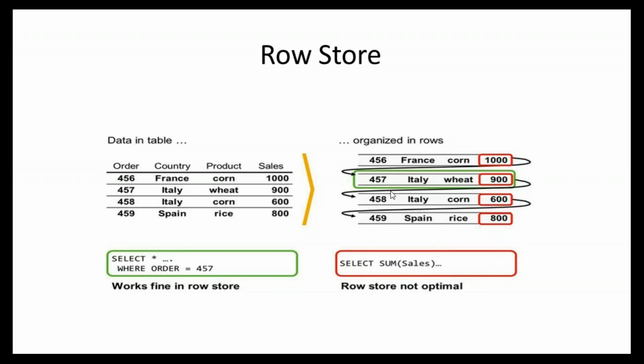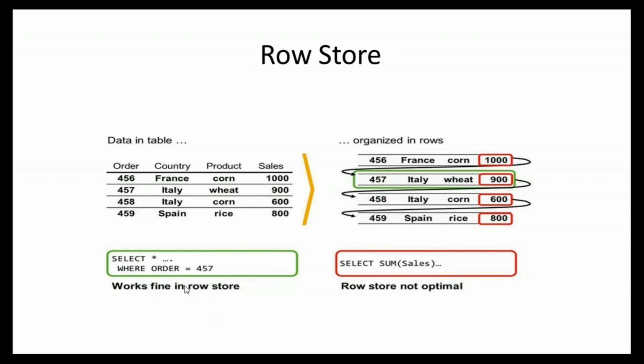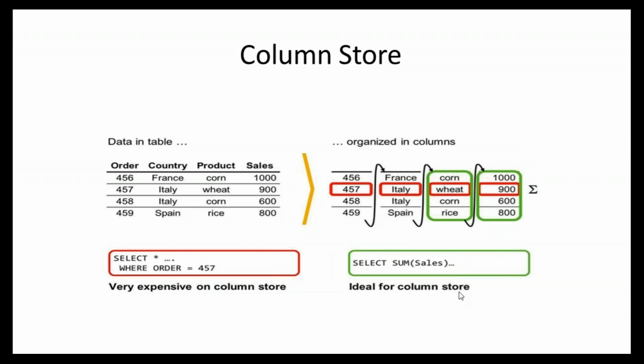Now, what we discussed: select star, just for selecting the data and showing it, then row storage is better. But for select and operations, row storage is not optimal. When it comes to column storage, we have select star where order equals 457.